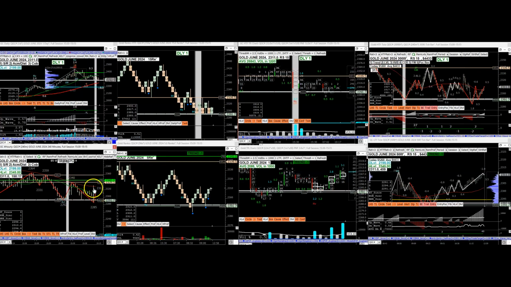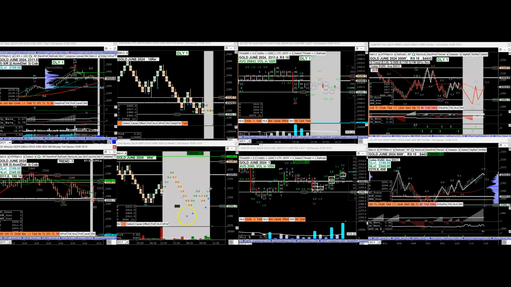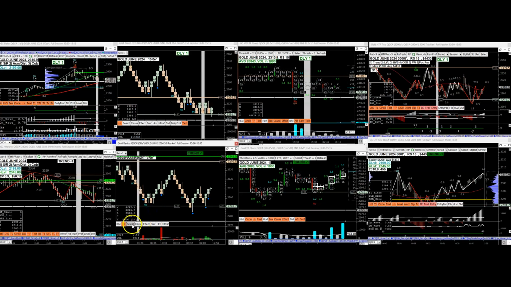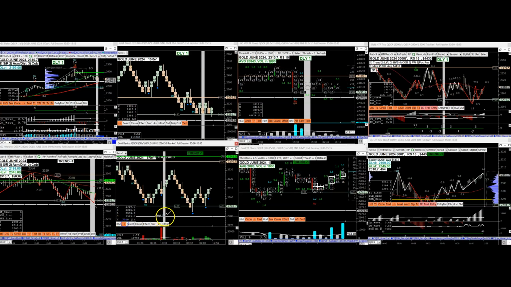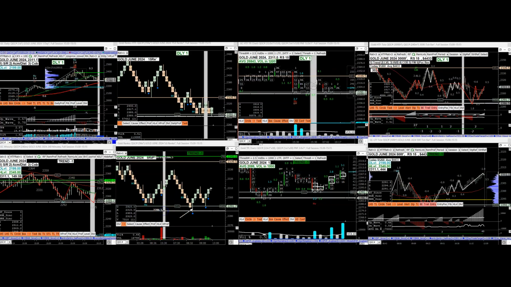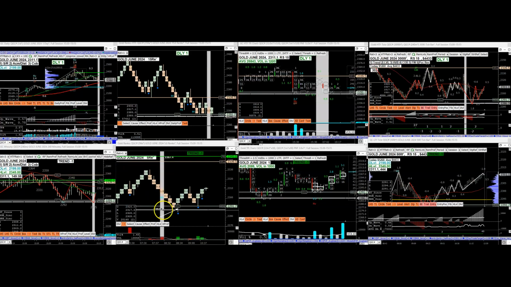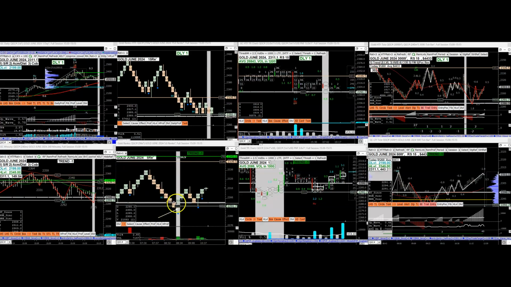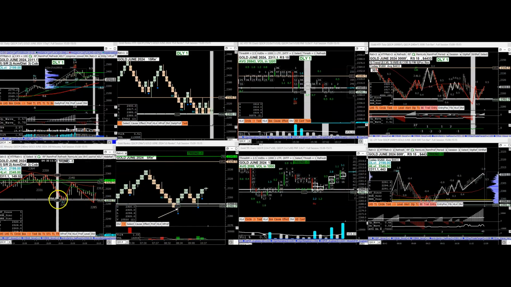So it attempted to go down, and this was looking like a big red bar, but basically that right there is buying. So the biggest volume, 3 times normal volume in this Renko candle.